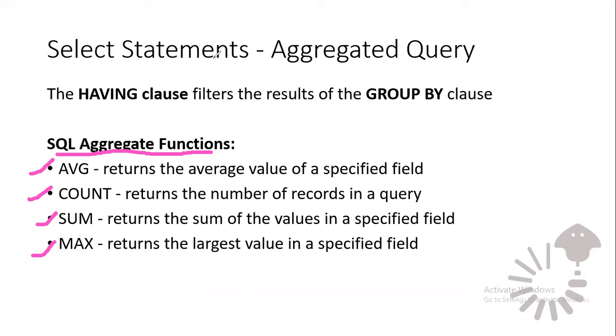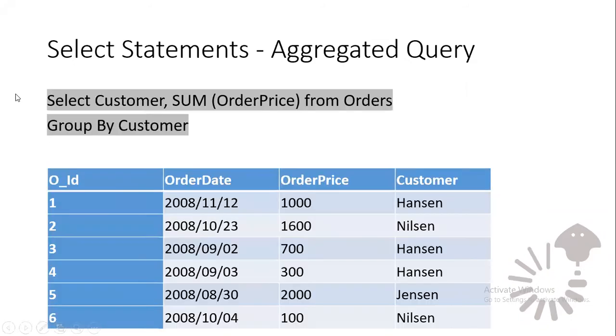Paano? Example, hindi nag-i-exist yung sum. Wala tayong sum na function. Pero gusto kong i-total yung order ng per customer. So what you need to do is to fetch customer and order price.